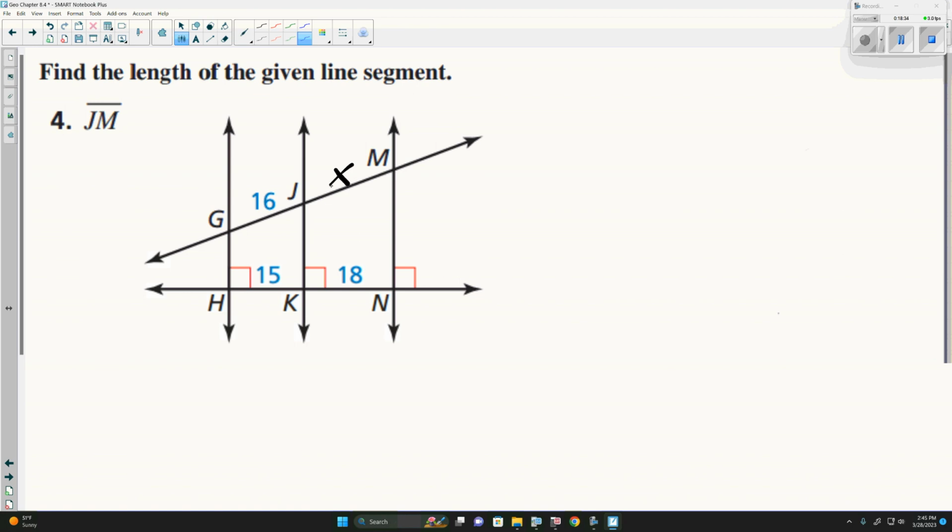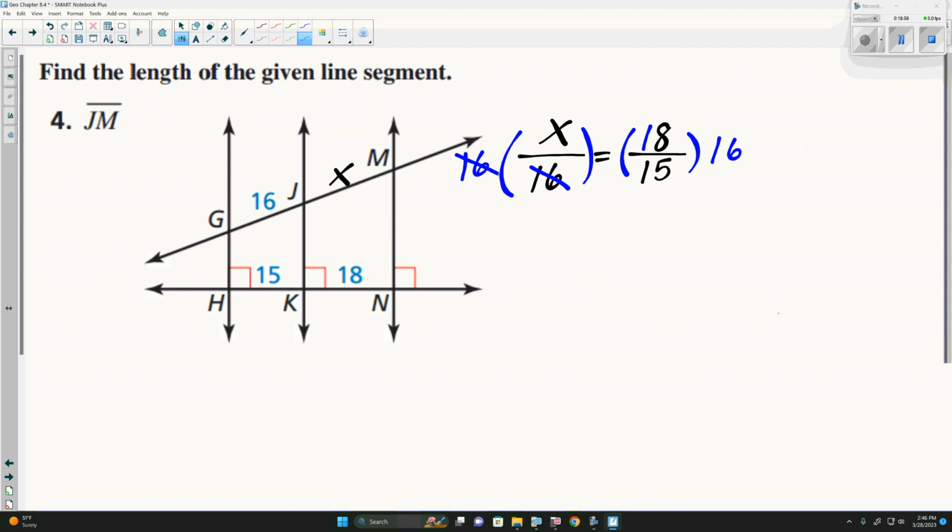So here, let's do this one here. We're looking for JM. So we'd have x over what is equal to? To get x by itself, we would multiply both sides by 16. These here would cancel.